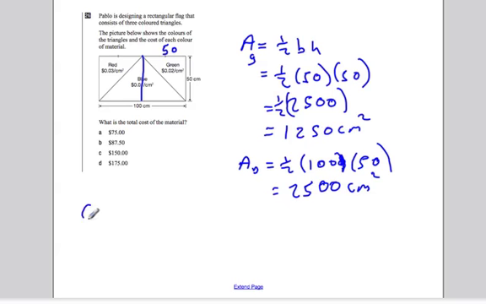The cost will be equal to the cost of the green section, which will be 1,250 times 0.02.